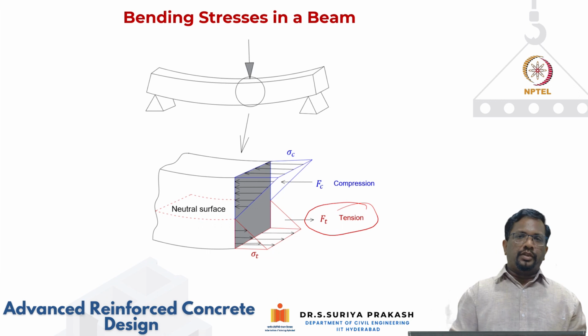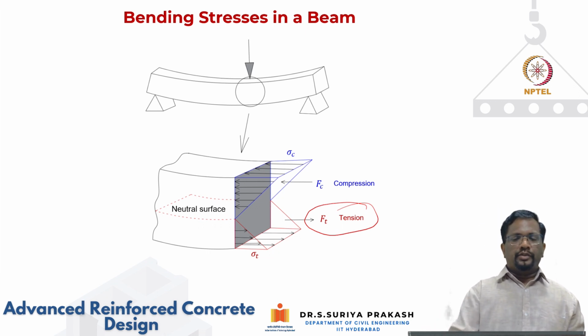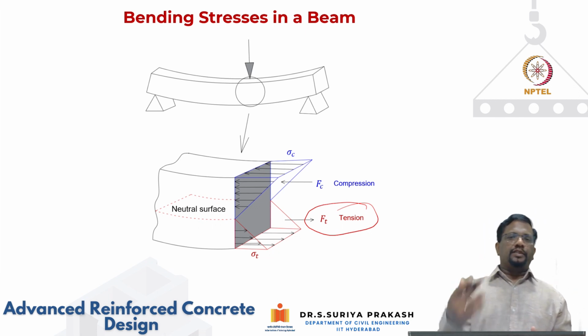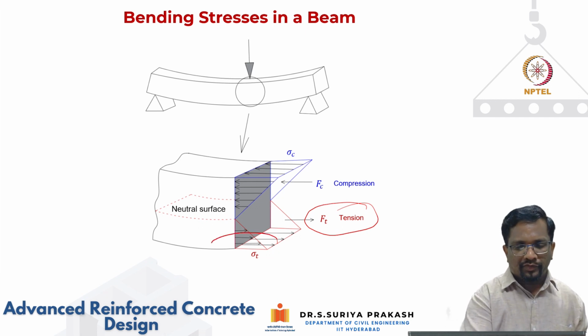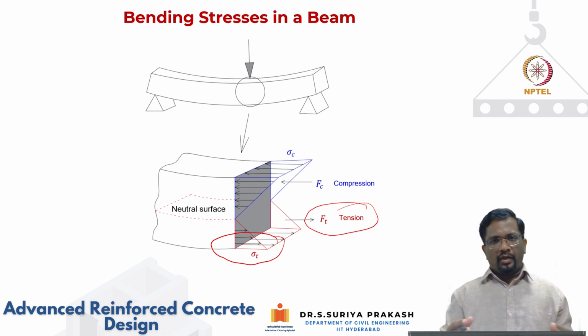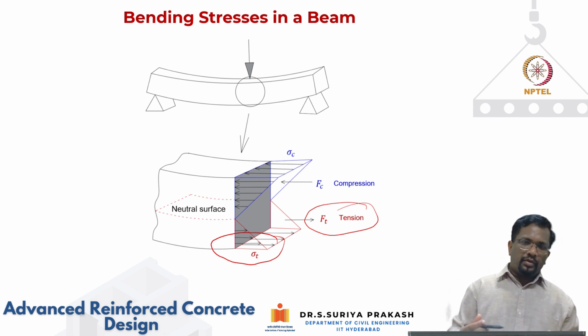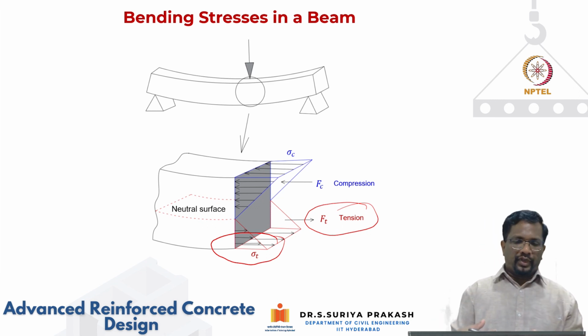Because this material behaves in a linear elastic fashion until cracking, the stress is also going to vary in linear proportion with high stresses at the extreme fibers. And the moment the bottommost fiber reaches its tensile strength, you're going to have a crack. And as soon as the crack is formed, you do not have any reinforcement to arrest the crack, so this beam is going to fail.